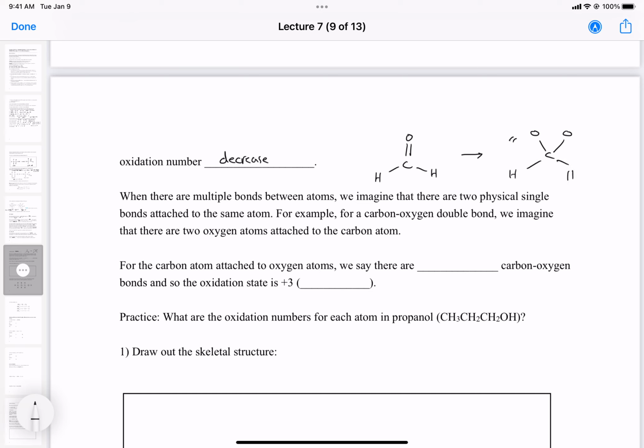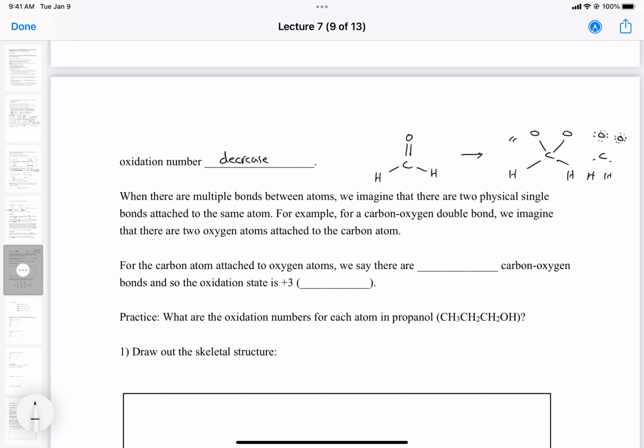Okay, so when we break it up, we're going to have carbon with 2 electrons here. H has no electrons. And then oxygen is going to have all the electrons from the bond that it was attached to with the carbon atom. So you see here how those 2 bonds now are gone.